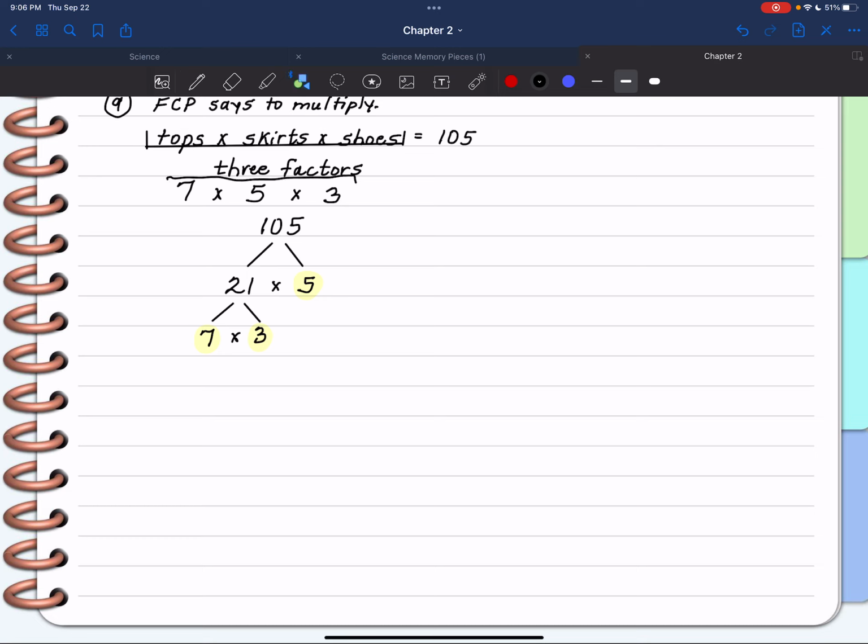More tops than skirts, more skirts than shoes. And the question is, how many tops does she have? So I like this number for the tops. And this is going to be letter C.